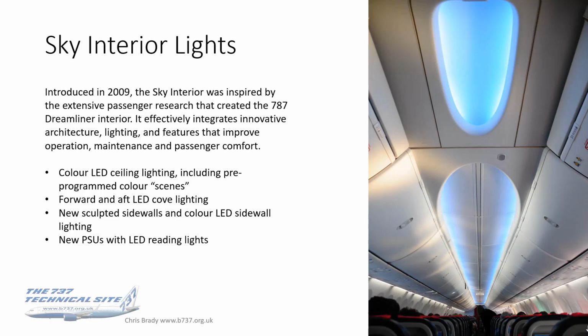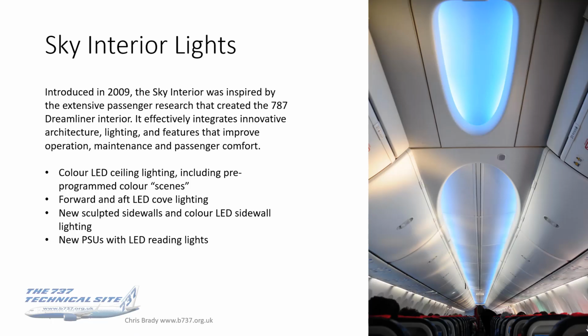It effectively integrates innovative architecture, lighting, and features that improve operation, maintenance, and passenger comfort. Well, there you go. Lots of words for new lighting. I think they're an improvement. I like them. I am a fan. I'm not sure I'd wax quite as lyrical as Boeing do, but there we go.